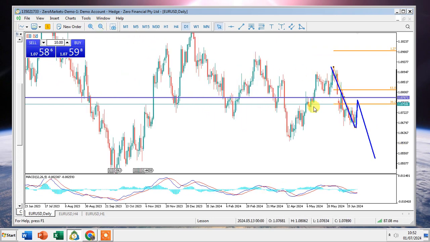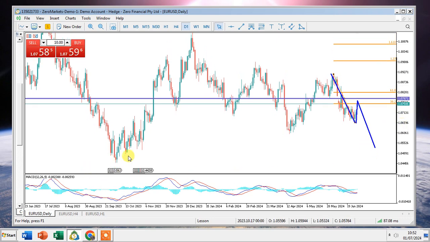What I would do here is the first take profit is going to be the previous lows at 106.68 approximately. And then if price breaks there, I'll be taking the rest of the profits at those lows. So I'm expecting these lows to be challenged as well.